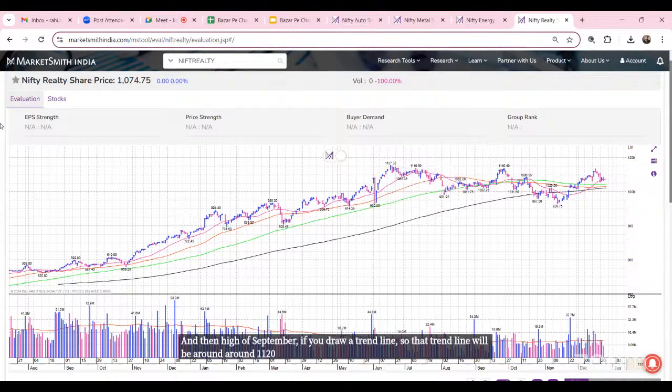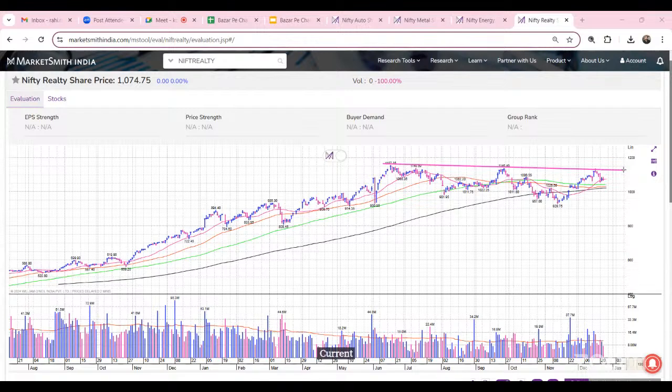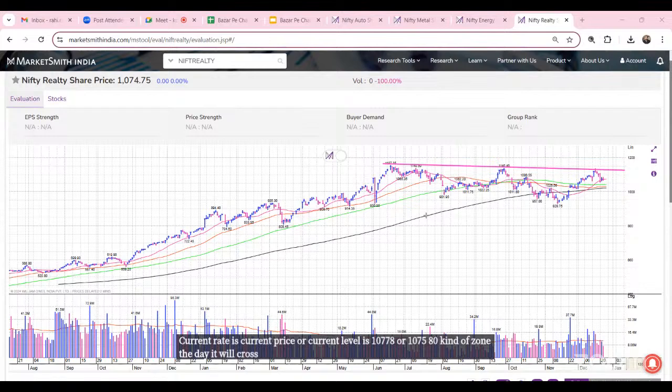So from now onward, I can say 1120 is a critical level to watch in this particular index. The current level is 1077, 78 kind, or 1075, 80 kind of zone. The day it crosses this red trend line, this upper band of the trend line, maybe a fresh breakout will happen in this particular index. So just keep watching this index.